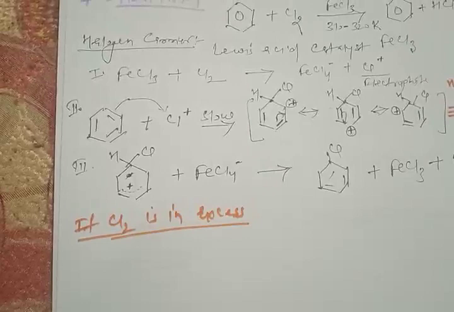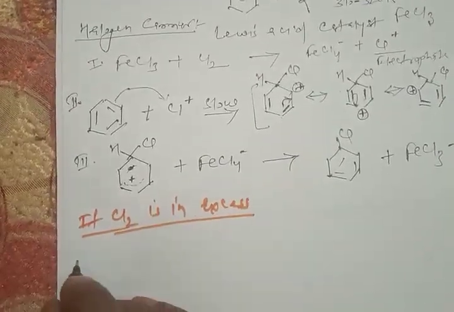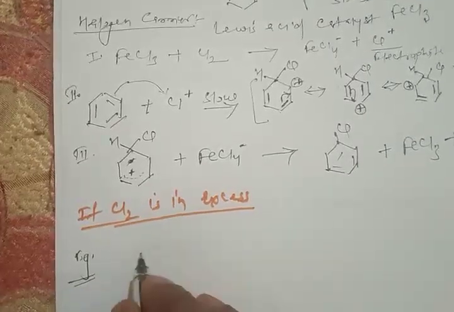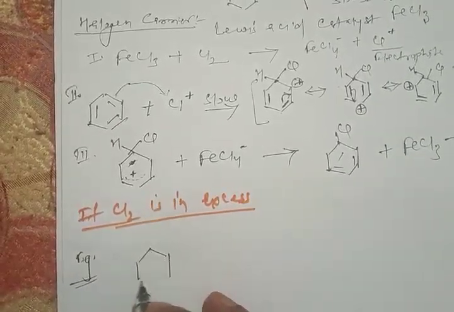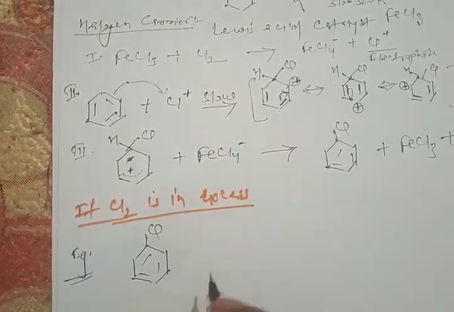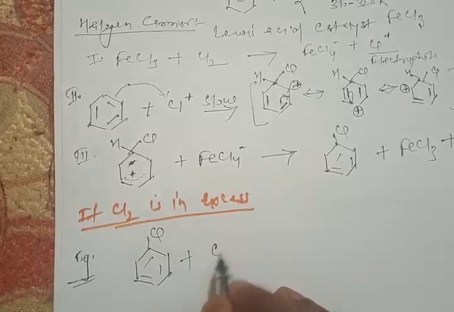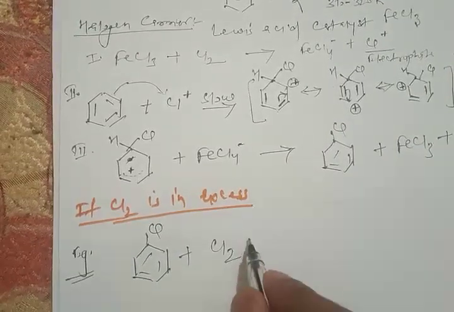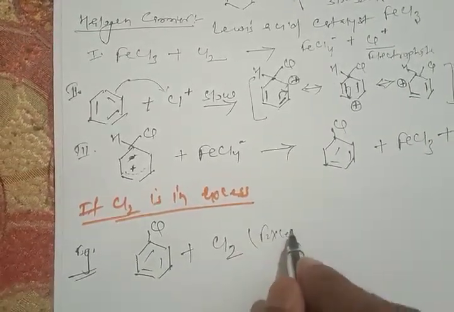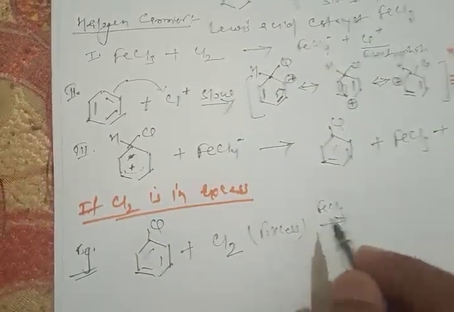Let's take an example here. I'm taking the example of chlorobenzene. Now if you have chlorobenzene and you want chlorination, Cl2 is the chlorinating agent, and if it is in excess, again the catalyst will be FeCl3.